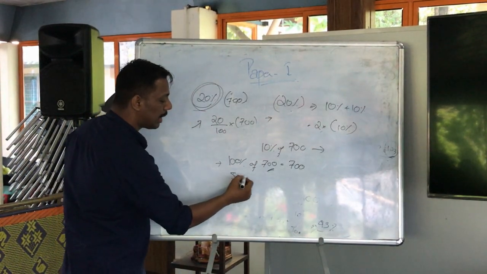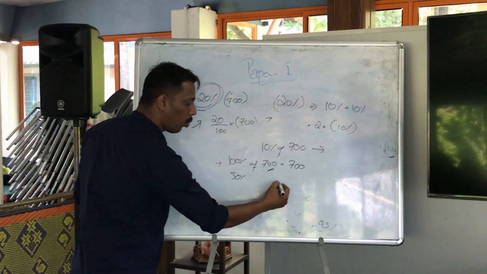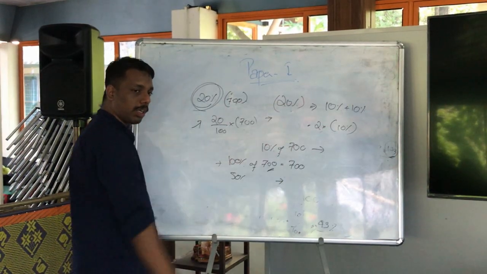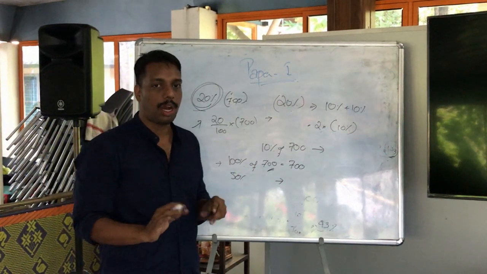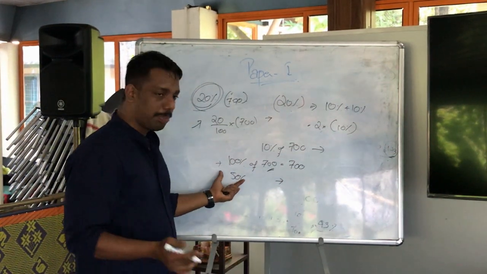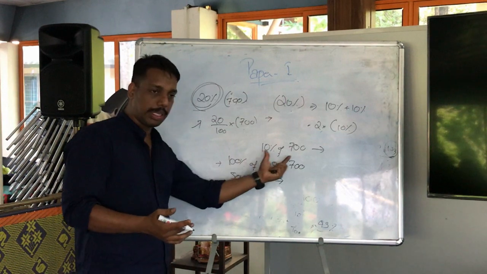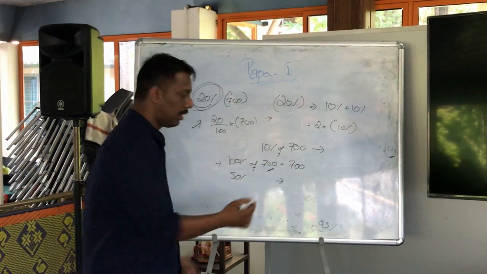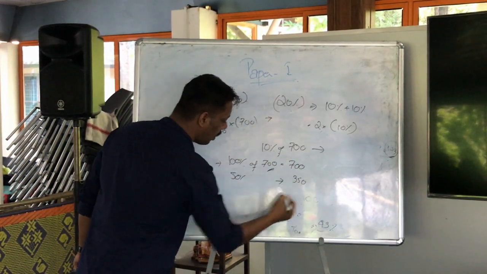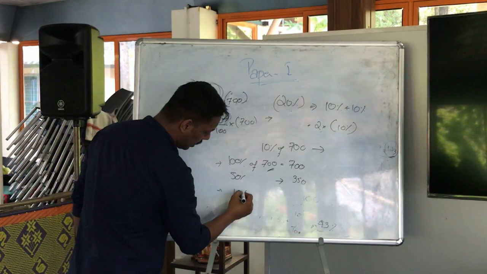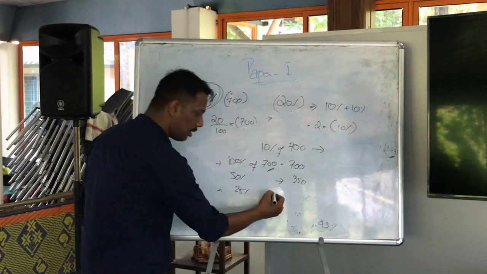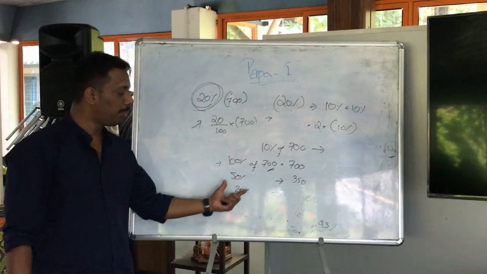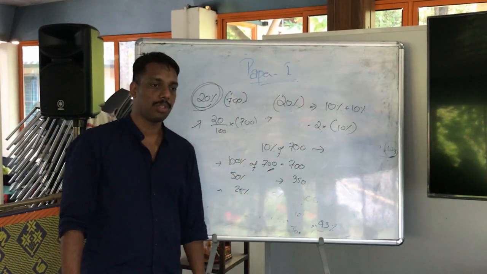Then what is 50%? What is 50% of 700? 50% means half, right? 50% of any number means half of that number. Half of 700 is 350. Then what is 25% of 700?